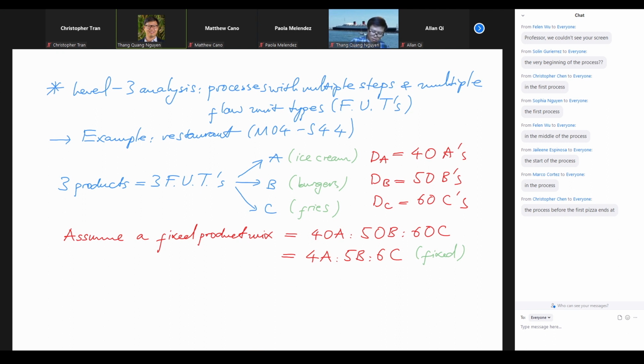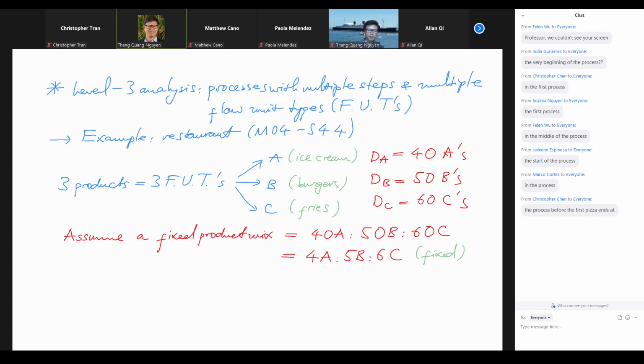And then another thing we have to decide is the following. Now we have to deal with 3 different products. At some point later, we have to add things up. Then we cannot add the ice cream with the burgers and the fries together because conceptually we cannot add 3 different things of 3 different natures.